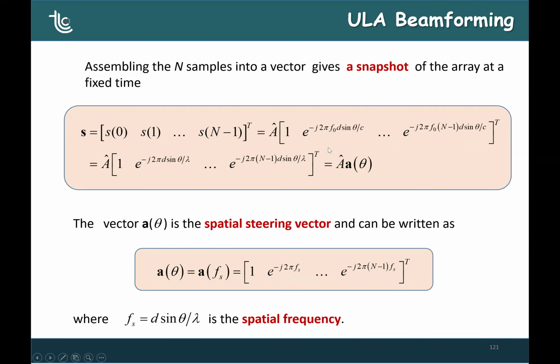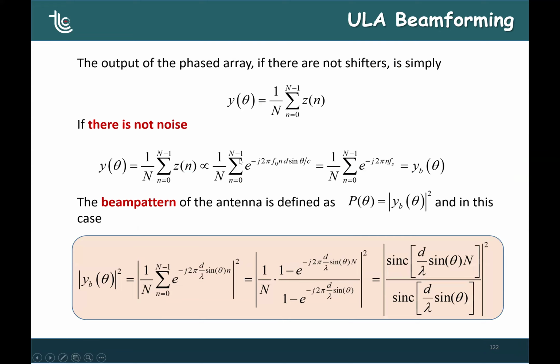So if we sum all these samples, we have something that is proportional to 1 over n, sum for n from 0 to n minus 1 of these exponential terms. Here you see the original formulation, and here I put the spatial frequency. This is the signal that we have, and it depends on the direction of arrival of the signal theta.